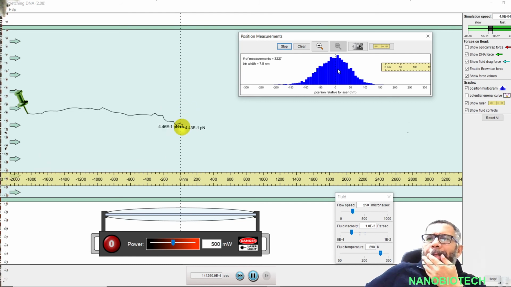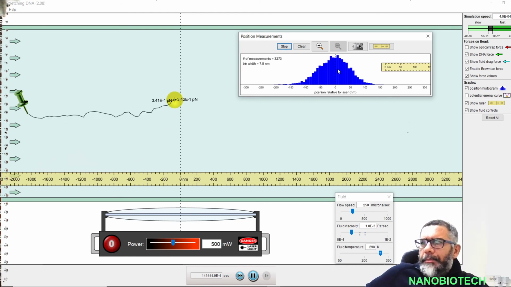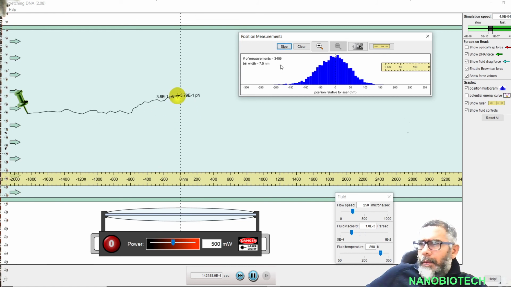Again, if you wait for long enough, you will produce this bell-shaped curve. I would suggest you make around 5,000 measurements. Now it is at around 3,600, 3,700. If you wait for at least 5,000 measurements, you will have a bell-shaped curve.